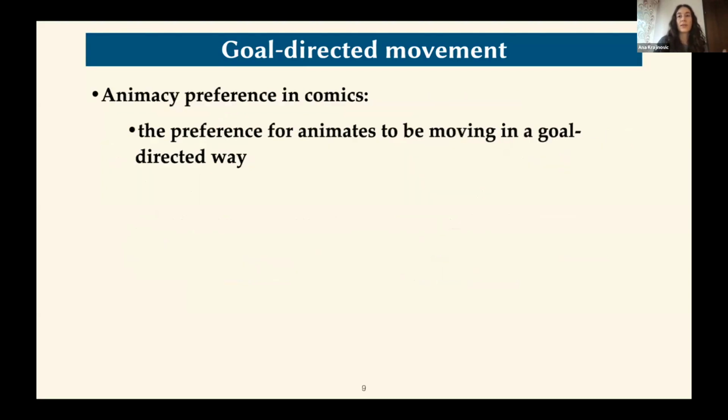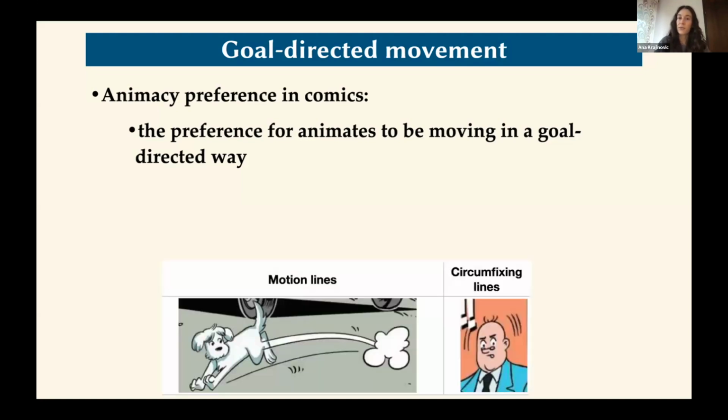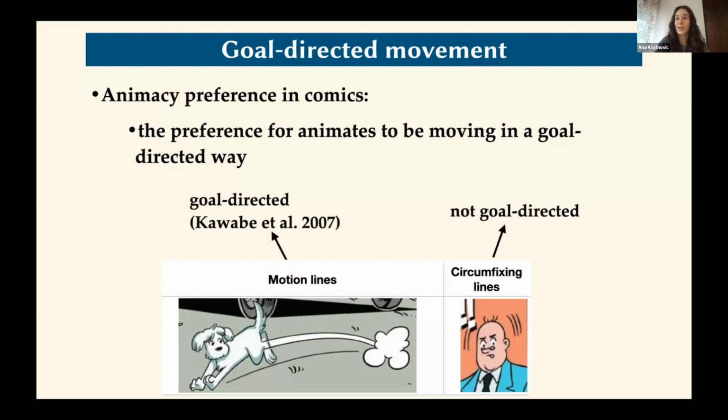We are going to then use this idea of goal-directed movement to define what animacy preference means in comics. So this will be the preference for animates to move in a goal-directed way. And this is directly relevant for our motion and circumfixing lines because motion lines are goal-directed. They imply the direction of the movement, while circumfixing lines do not.